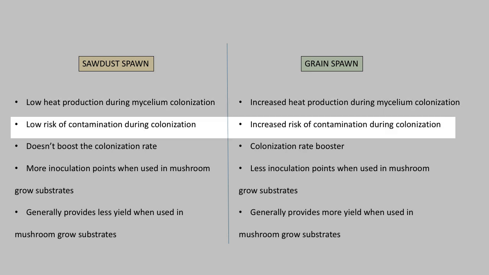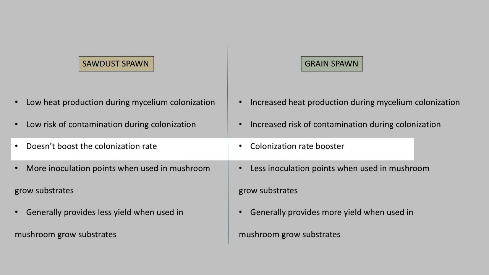Now, because cereal grain is so nutritious, it's very attracted to competitor organisms too. So this makes our work hard because keeping away those competitors, it's challenging. When you do sawdust spawn, the contamination rate drops just because sawdust isn't that nutritious.